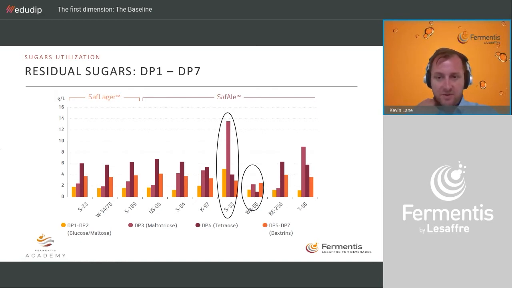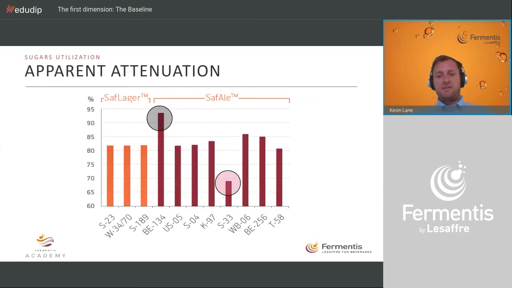Maybe, I don't know, 20 slides from now, but we'll talk about others. But really, you can see big differences in the DP1 and 2 and the DP3. In terms of WB06, you can see a big difference in the dextrins compared to any of the other yeast strains, because WB06 is the only diastatic yeast strain in this group of yeasts.